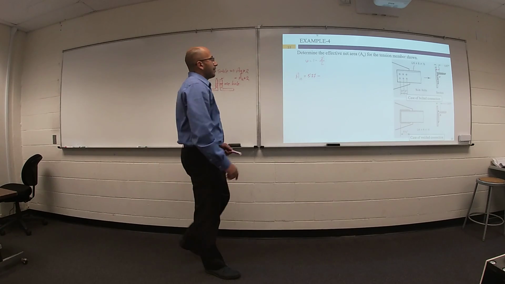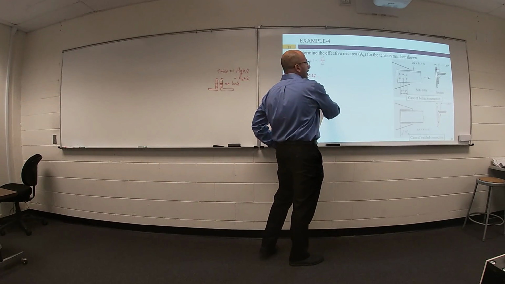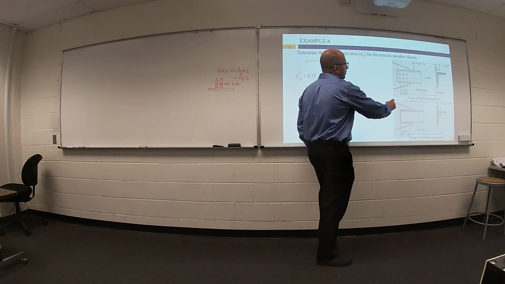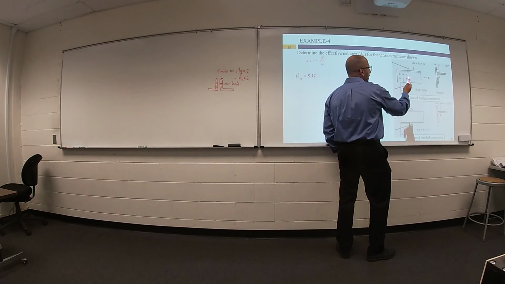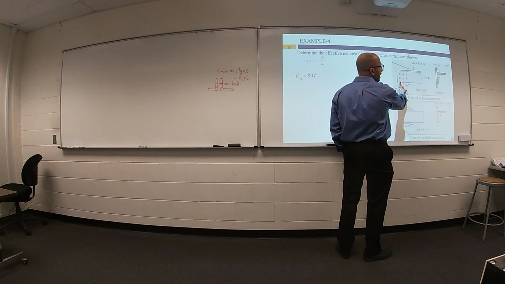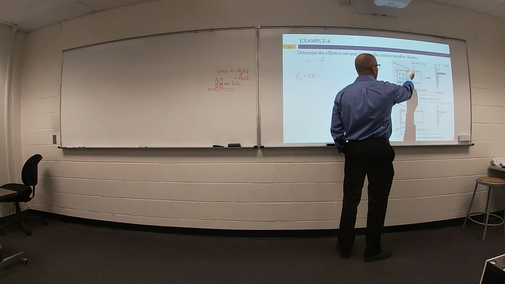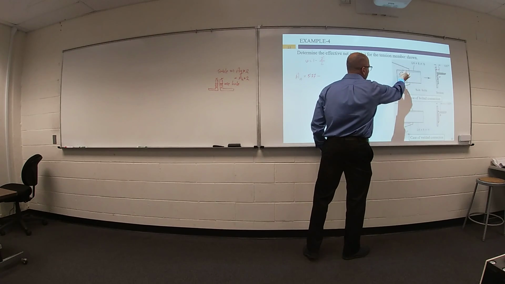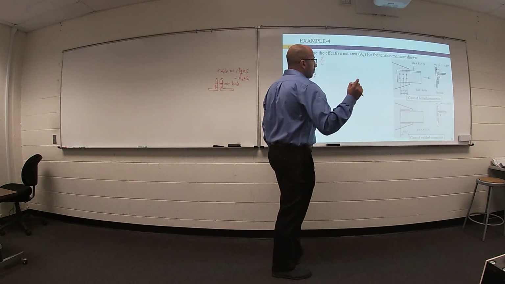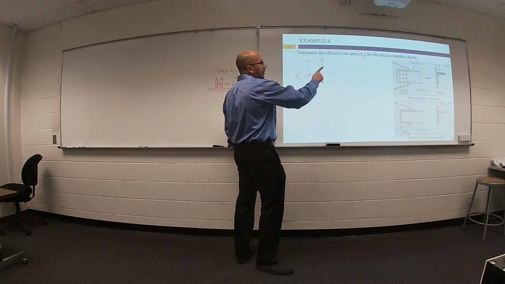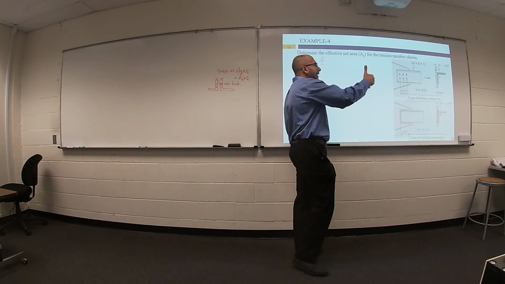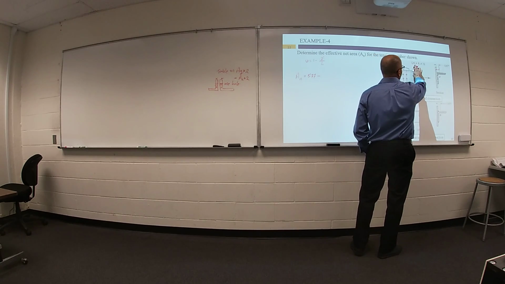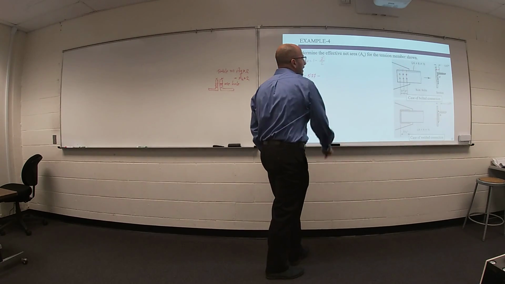Minus, what is the area that should be subtracted? We can expect fracture. First, what is the arrangement here, chain or staggered? Okay. So we can expect fracture here, or here, or here. One more thing: is your member a single angle or a double angle? Single angle, one angle, so only one area gross.